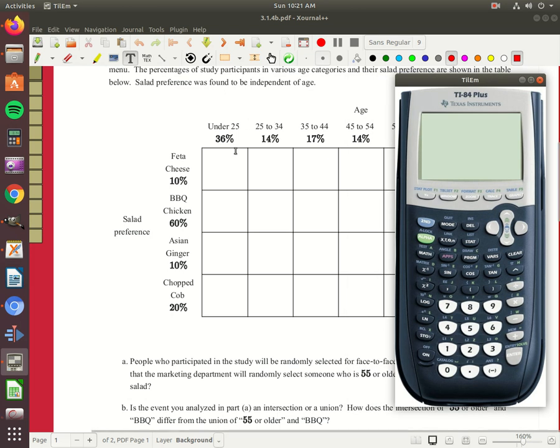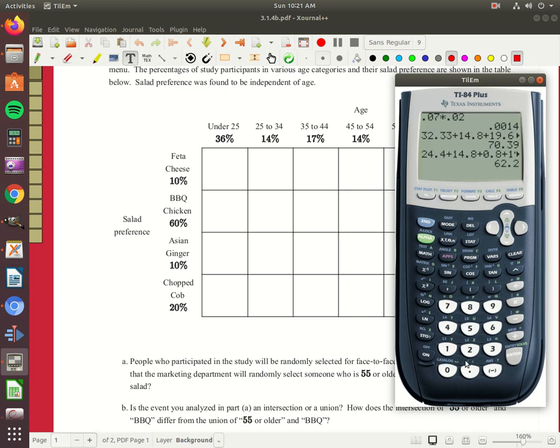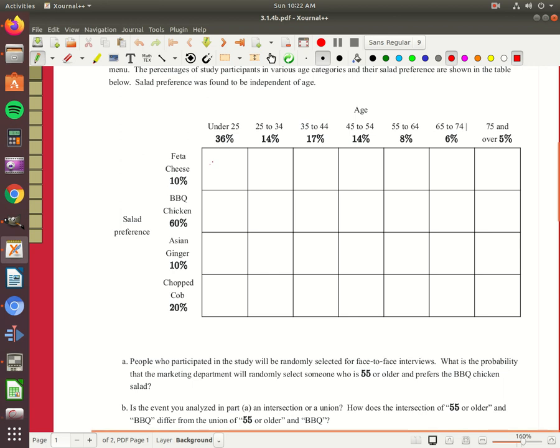For under 25, 36% of the people like feta cheese. I'll multiply by 0.1, which is 0.36. I'll move the decimal twice, and I'm going to get 3.6% right here. So that's how I'm going to calculate that. I'm going to pause right now and fill in the rest of this table. But again, hopefully we know 0.36 times 0.1 and then move the decimal.